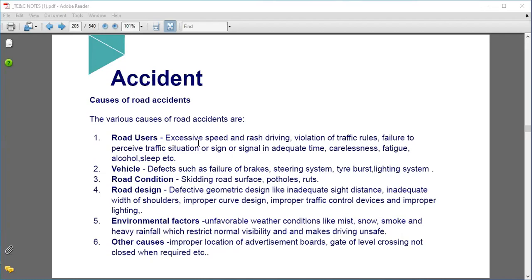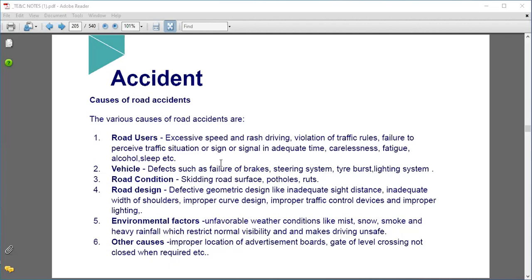Sometimes heavy rainfall will occur, and if there is heavy rainfall or snowfall, or a moist environment, at that time there will be normal visibility problems for the driver. During that stage, driving becomes unsafe, and in that way the number of accidents on the road will increase.